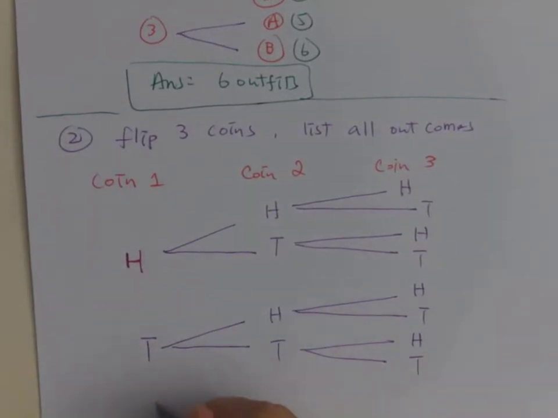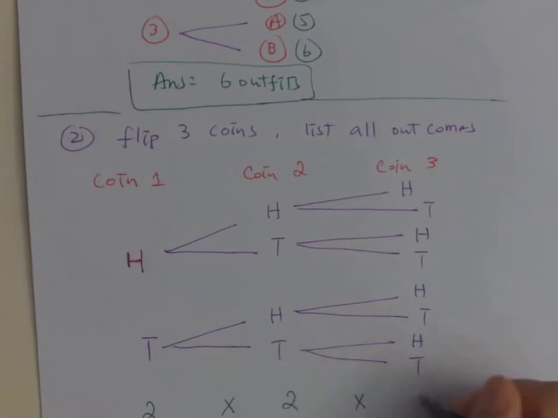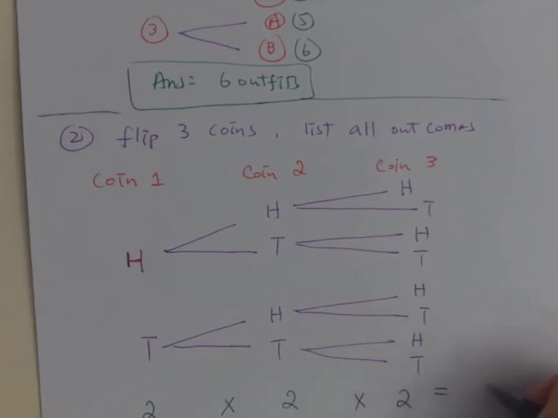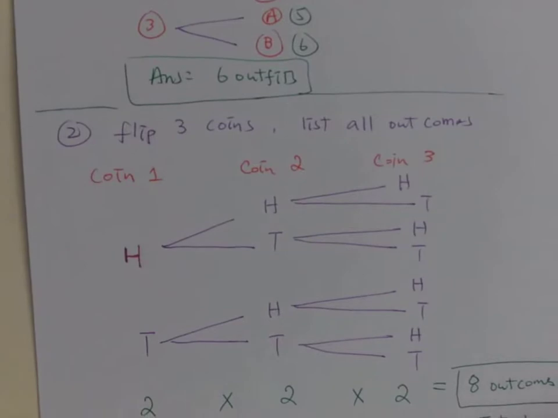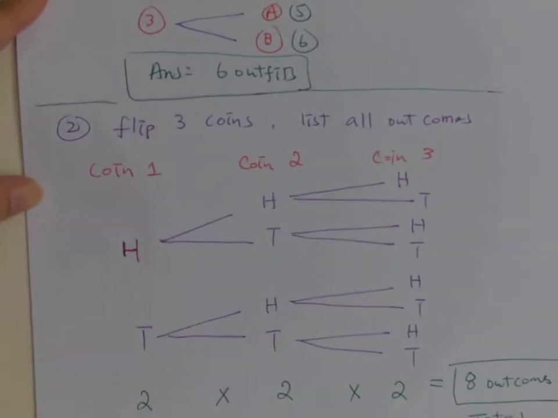So I have 2 outcomes times another 2 times the other 2. In total I should have 8 outcomes. This part we are doing with a tree diagram.